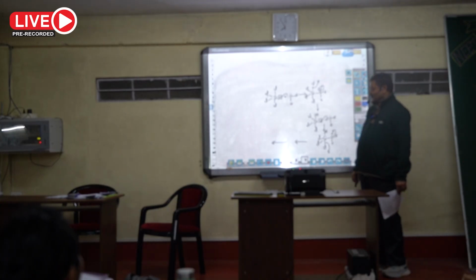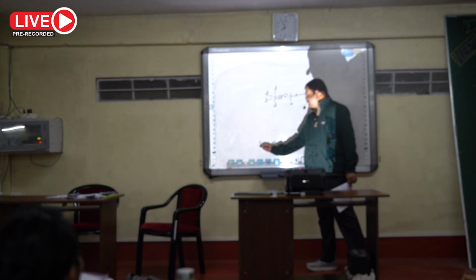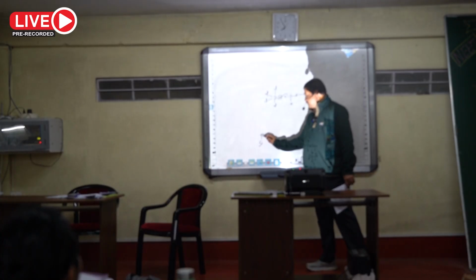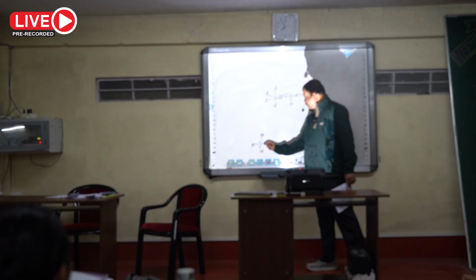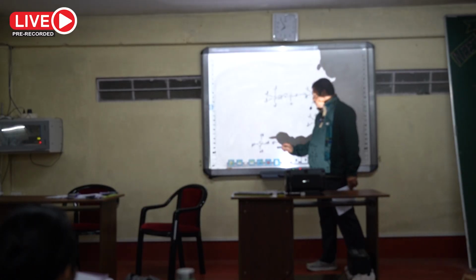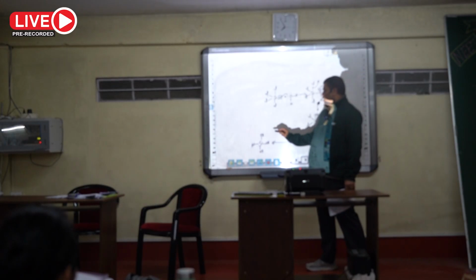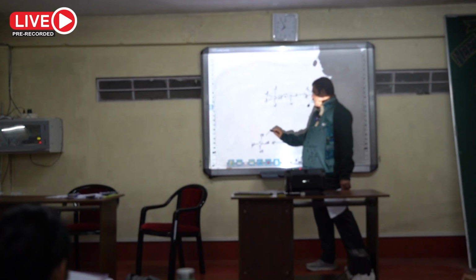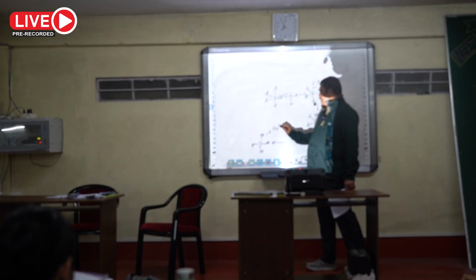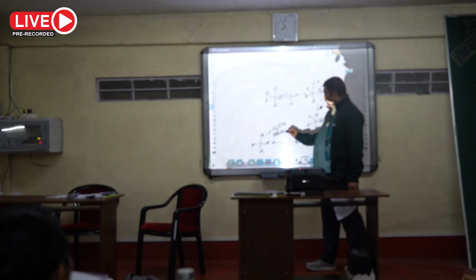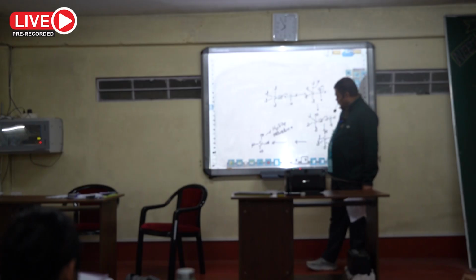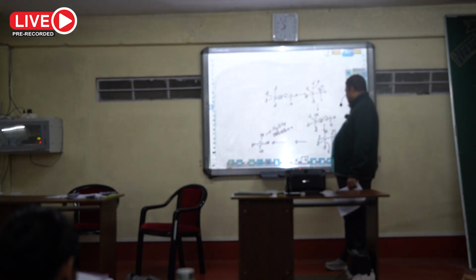So what is the final product? Si(OH)4. This you can also write as H4SiO4, which is called orthosilicic acid, silicic acid.